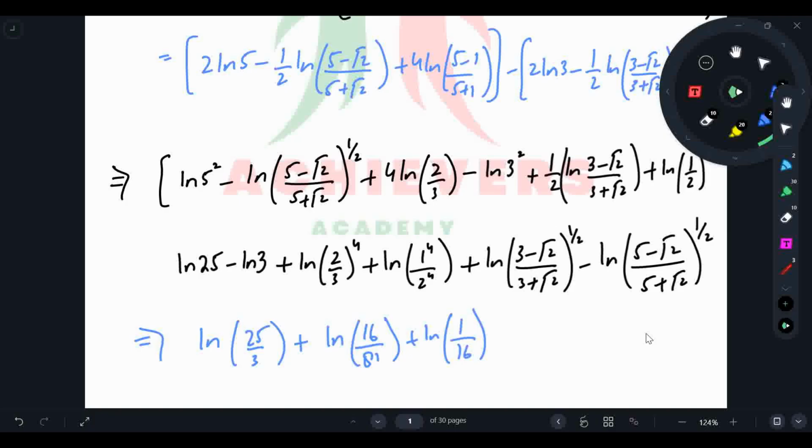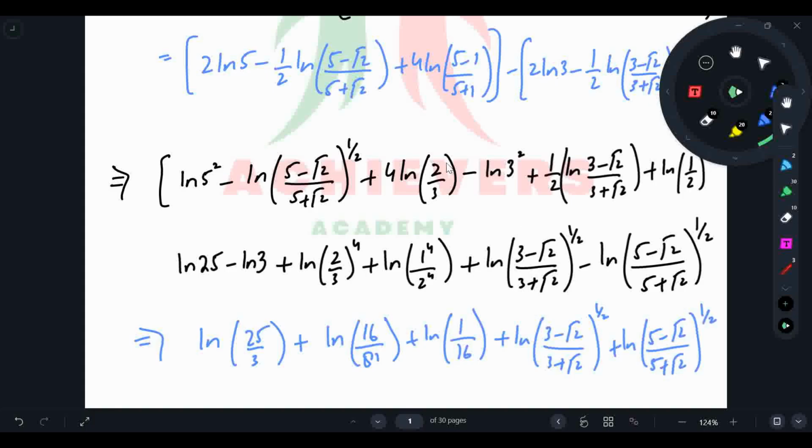Then plus, this will be the same, natural log of 3 minus square root of 2 by 3 plus square root of 2 whole power 1 by 2 plus natural log of 5 minus square root of 2 and 5 plus square root of 2 whole power 1 by 2.